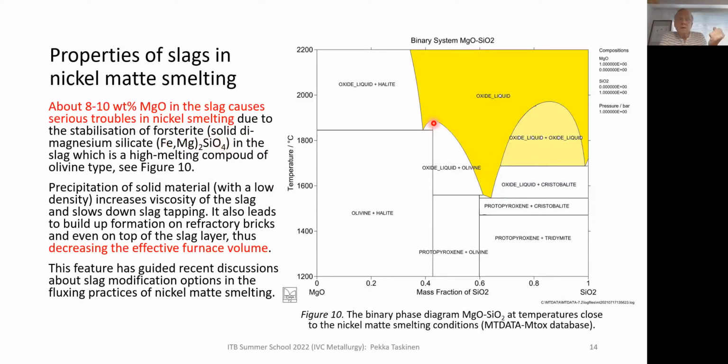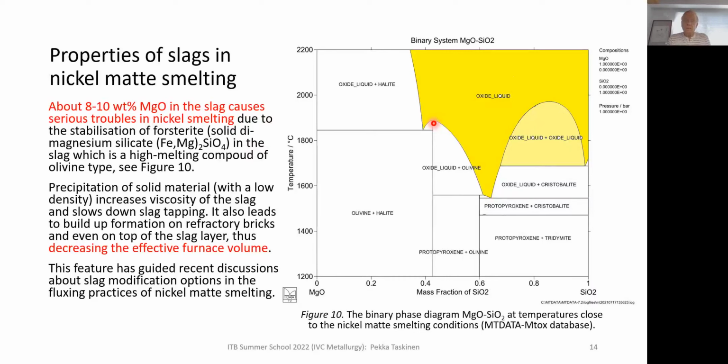It has a melting point of nearly 1900, and that comes out when the MgO concentration of the slag is increasing beyond probably 6 to 7 weight percent. It has the feature that it increases because it is solidified in the slag.